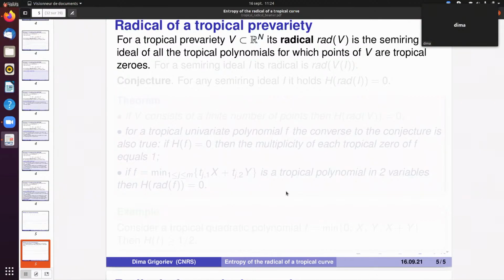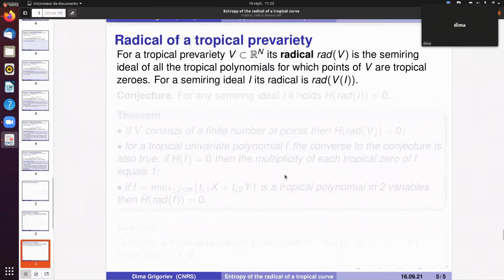So we take all the elements vanishing on the tropical prevariety V. So we could start just with an ideal, and then we could consider its prevariety of the roots, and then take the radical. So that's another dual way.